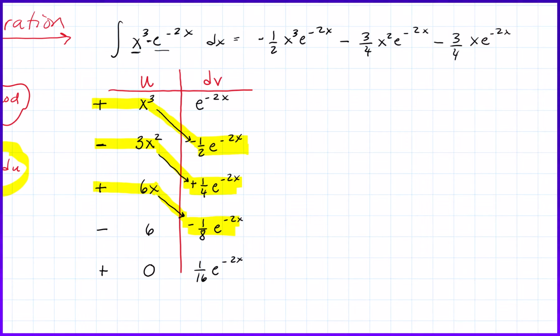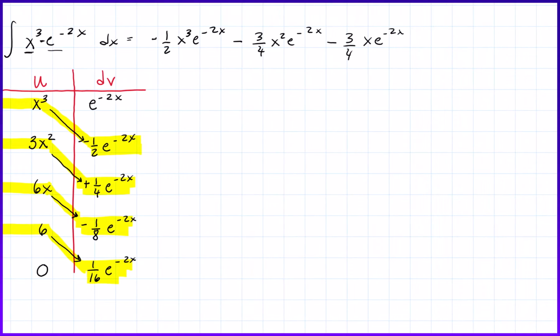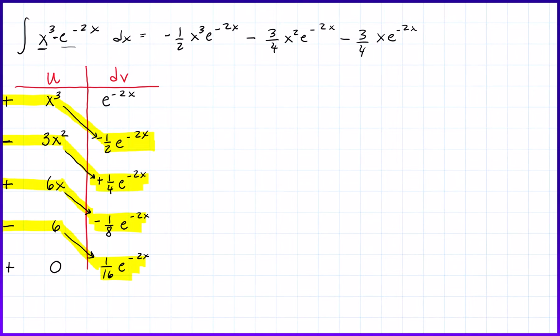And then my next one comes off of this diagonal, 6 times 1/16 e to the negative 2x, and we're subtracting at that point because of that pattern of subtracting the integral of v du. So now we get negative 6 times 1/16 becomes 3/8 e to the negative 2x, and then we have a plus c.